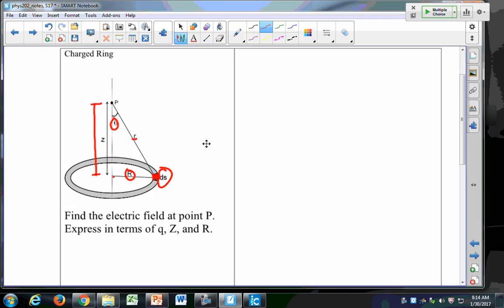So those are all of our various definitions, and I want to express the electric field in terms of Q, Z, and R, because those are my physical dimensions. Q is the total charge on the ring, but we'll express it in terms of linear charge density. Z is the distance up here, and R is the radius of the ring.